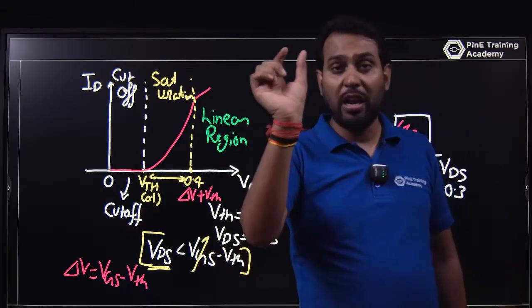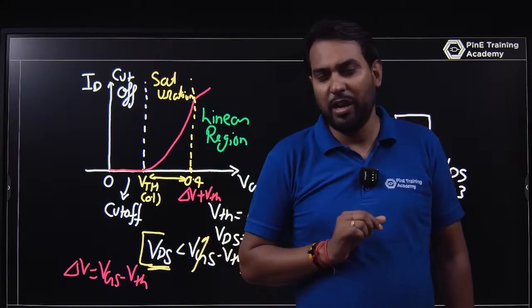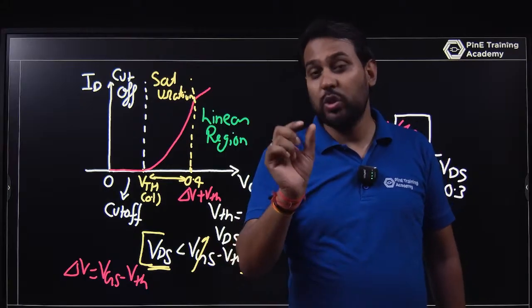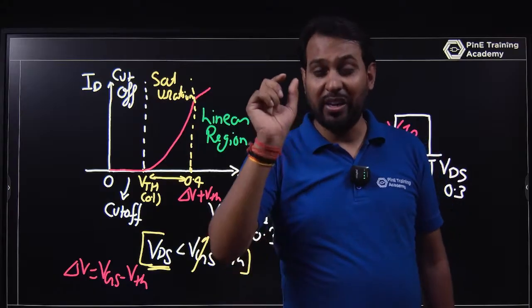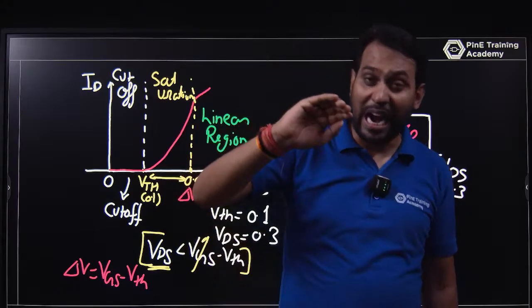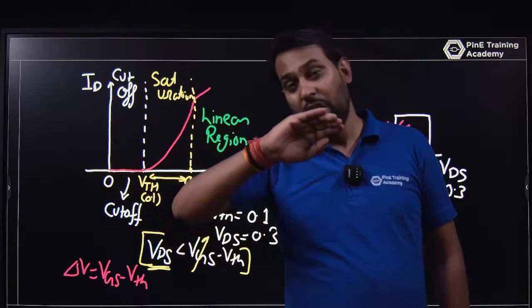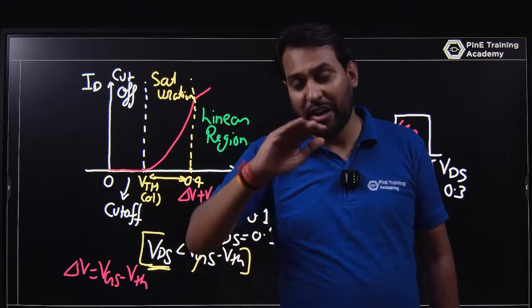Here a large electric field is present, because E is equal to V by L, or delta L, so the electric field is very high. Charge will transfer with a high electric field.